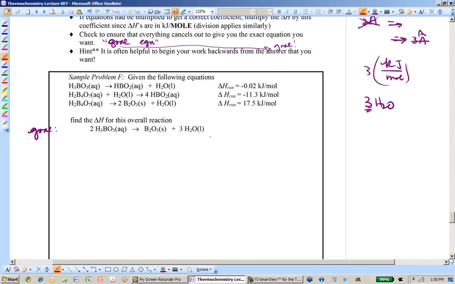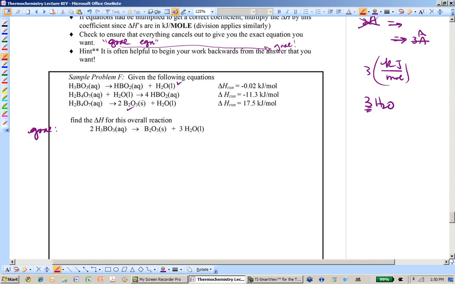All right, so which one am I going to flip? Tricky. At first glance, it's got to be the second one. Why does it have to be the second one? Because I need B2O3 on the product side, and in the third equation it is, and it's not anywhere else in any of the other equations to be canceled out by that. So my thought process is going, I need water on that side, good.